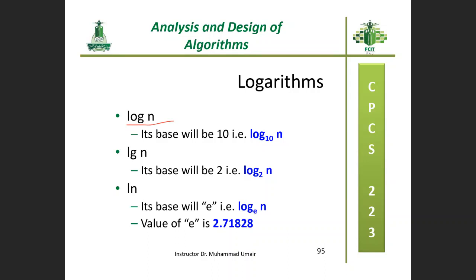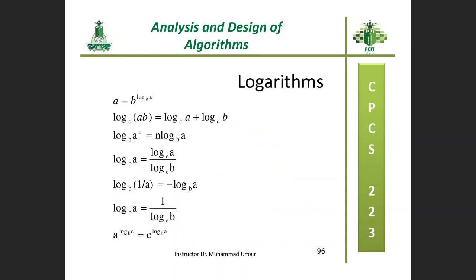If it is written log n, it means base 10. If it is written lg n, then it means log base 2. And ln means log with base e. These are some basic formulas related to log that you must go through, understand, and memorize before performing a good analysis of any algorithm. Is that clear?